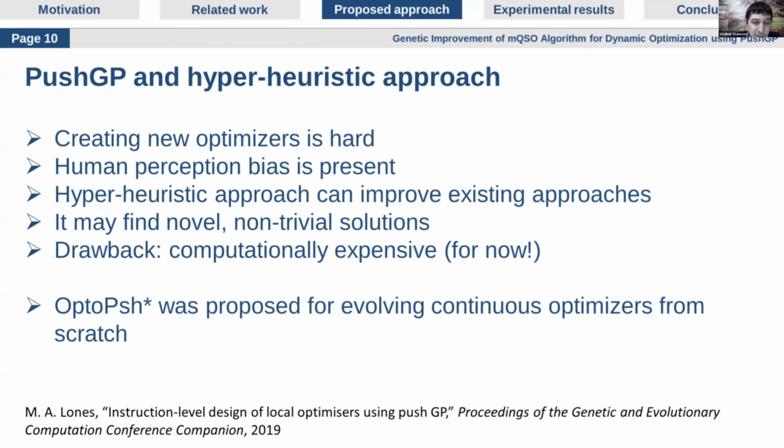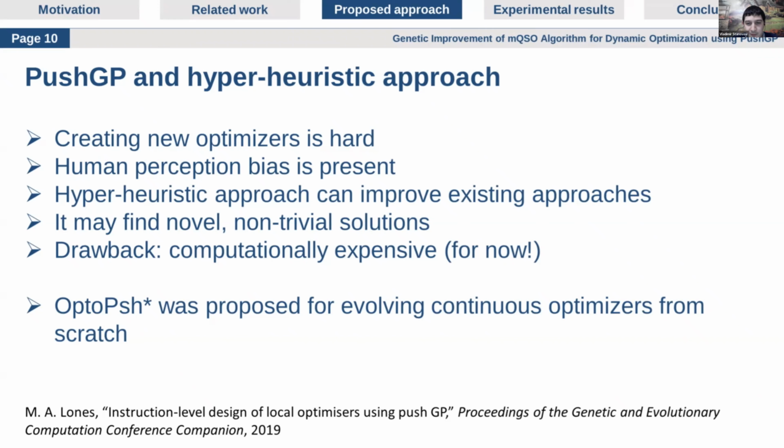It is also hard because we think about this as humans do. So maybe some human bias is present, and maybe there are solutions that no human would ever think about. Some non-trivial approach to optimization, for dynamic optimization in this case. There is, of course, a drawback of such an approach. It's computationally expensive.